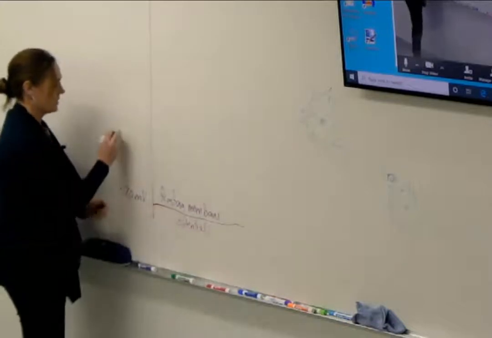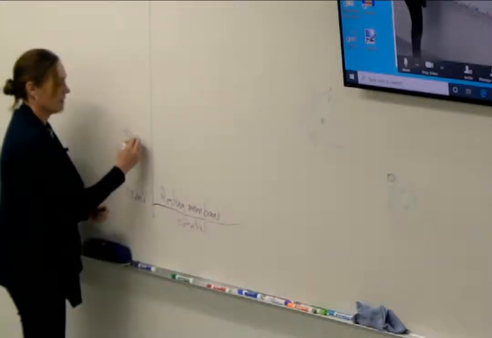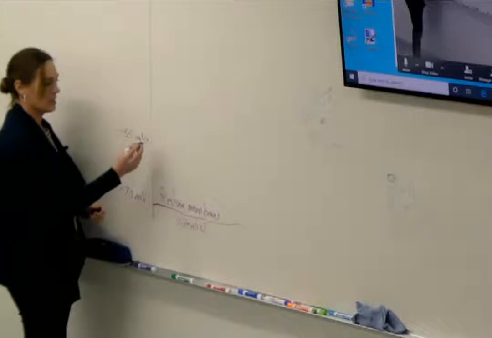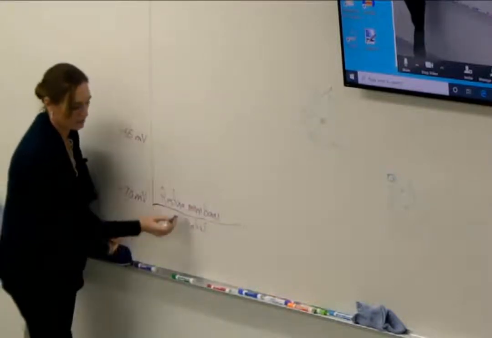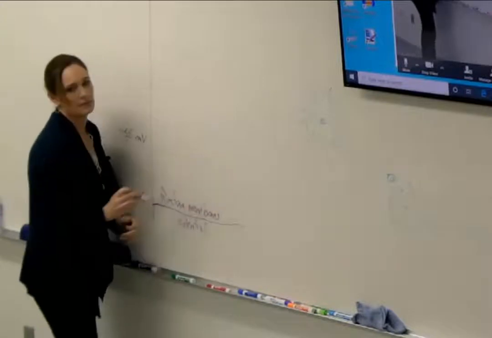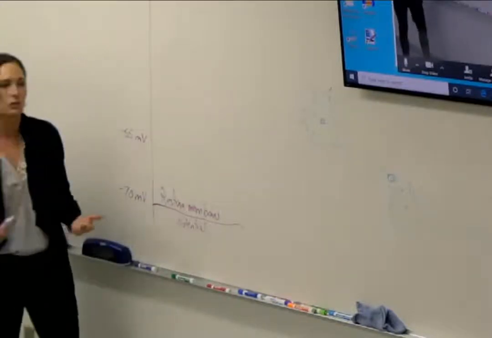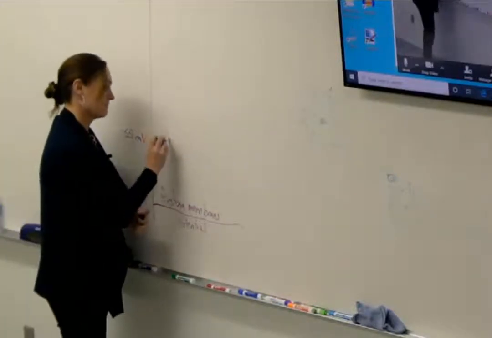So we need to get to minus 55 millivolts, and I'm just going to put a dotted line because it's not really where the cell is at. And what is this level called? Threshold. So it'll be the threshold.